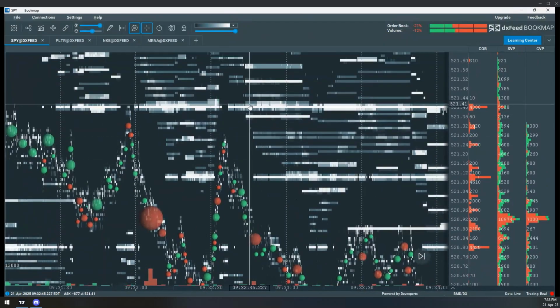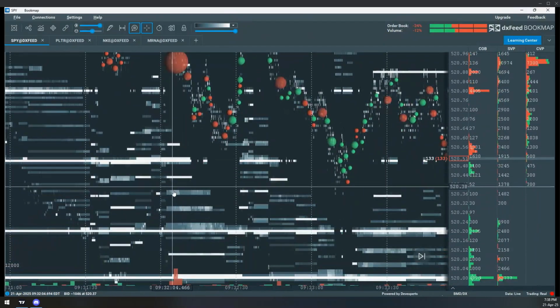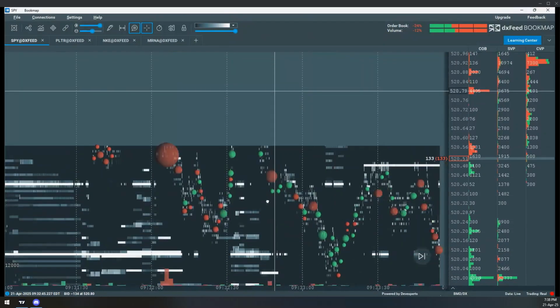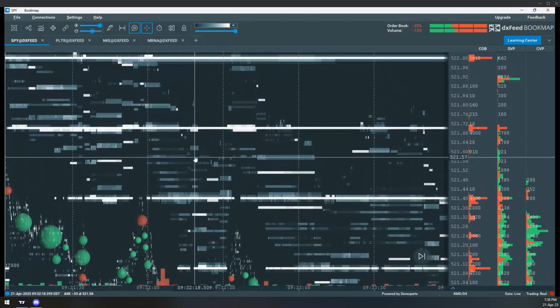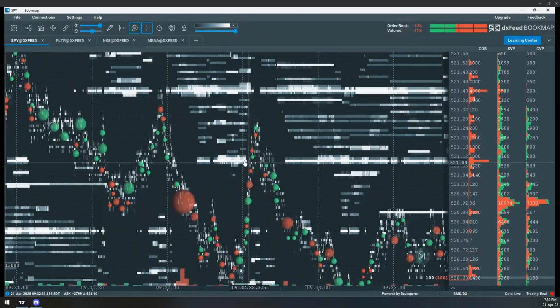Up here is where the sellers are, and down here is where the buyers, the bid, are. As you go all the way up, it's just sellers.